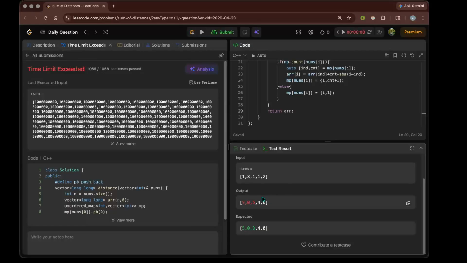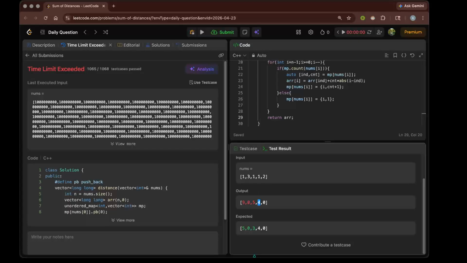Wait. So in the forward loop it is good, and in the backward loop it's not. Found. Oh, okay. Yeah, backward we didn't think, we didn't think a bit about the backward and stuff.